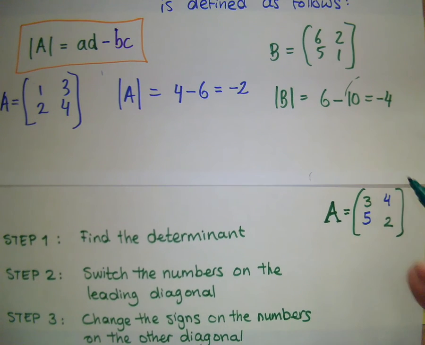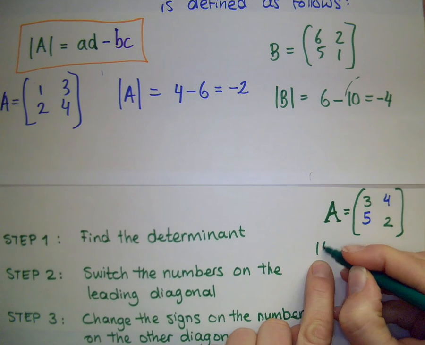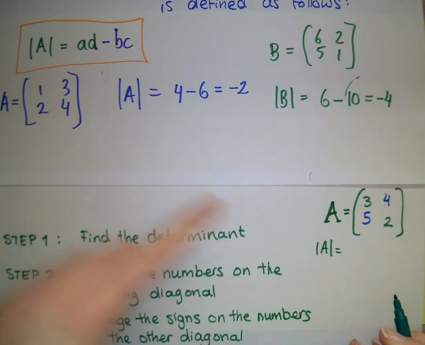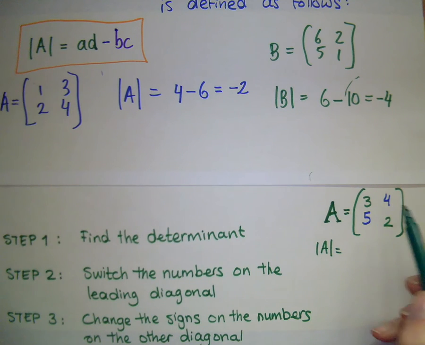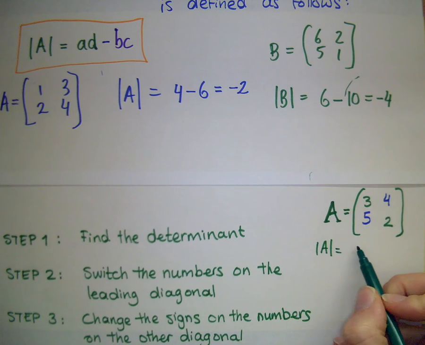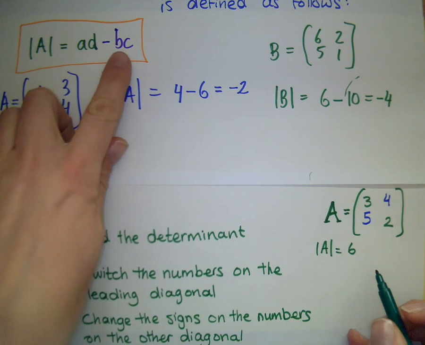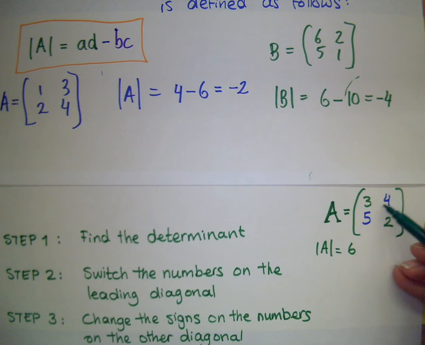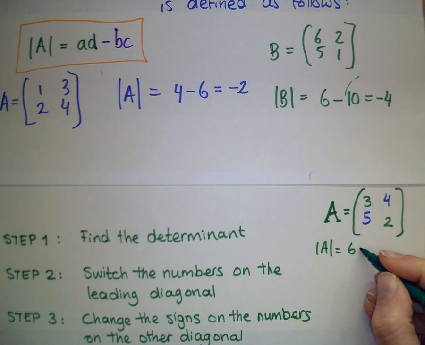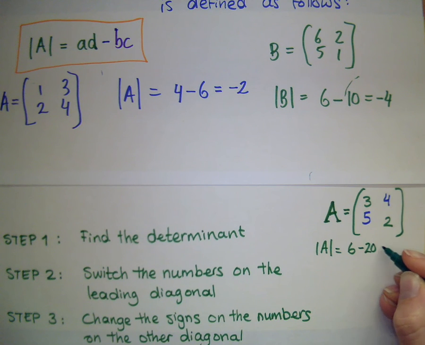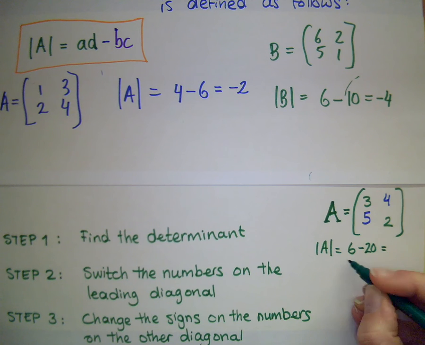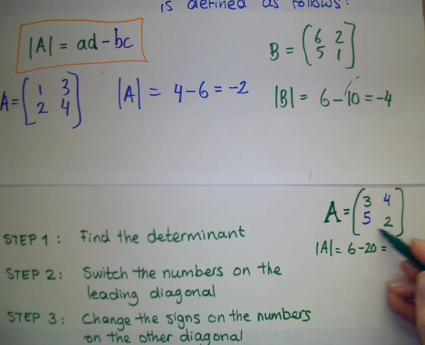The determinant of A equals A times D, 3 times 2 is 6, minus the other terms multiplied, minus 20. The determinant of this matrix is negative 14.